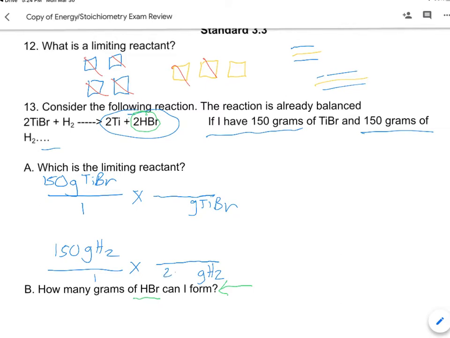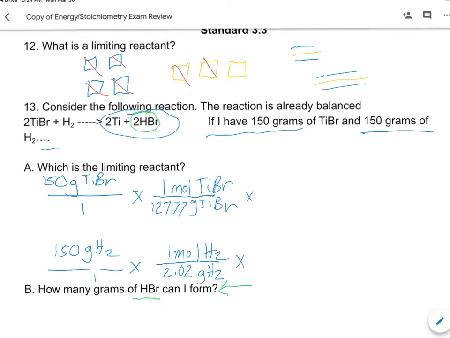So for hydrogen gas, H2, it's going to be 2.02 grams. And for the titanium bromide, 127.77 grams. And then the other side of that molar mass fraction always is 1 mole of that thing, because that is how much 1 mole of that thing weighs.